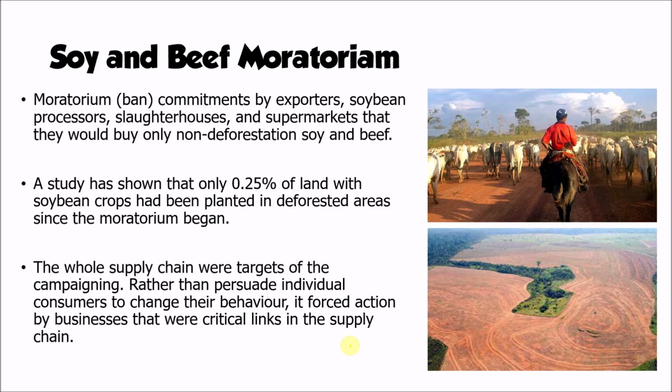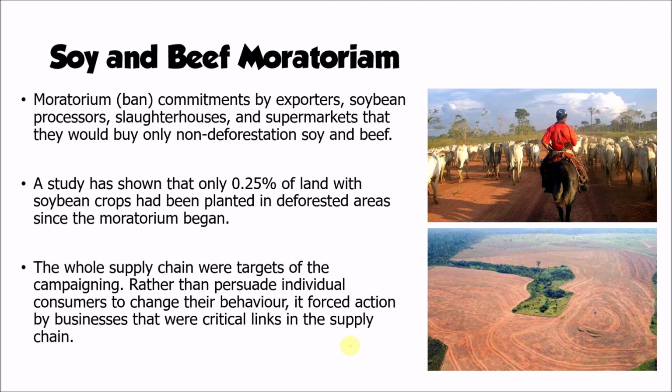Something else that was really significant were the bans, or what we call moratoriums, on the soy and beef industries. Those two industries in particular are the main drivers of deforestation.